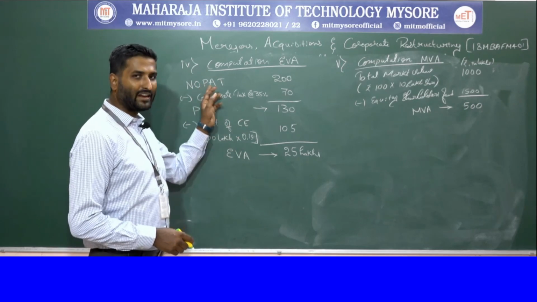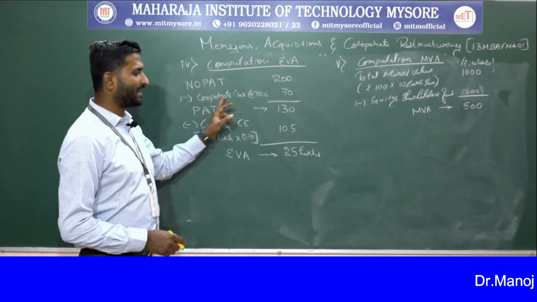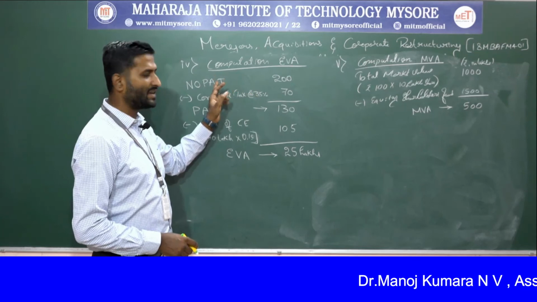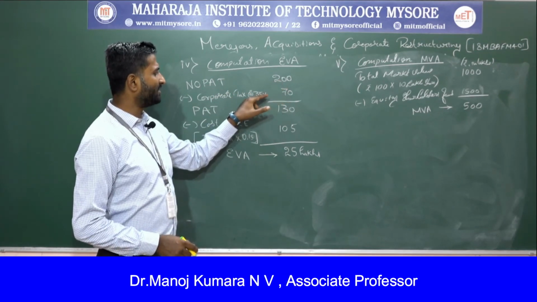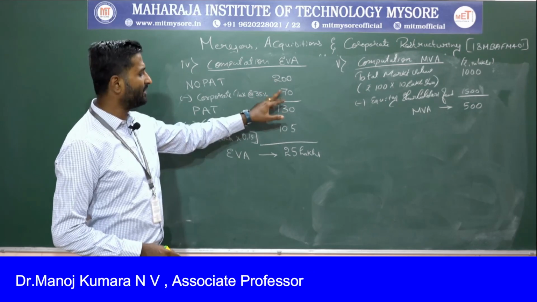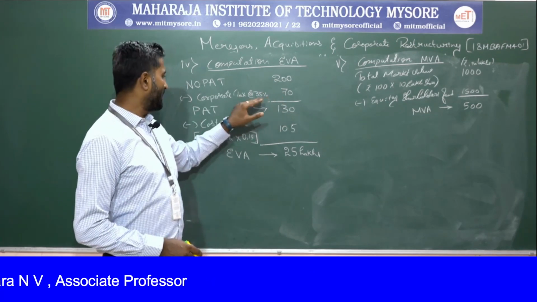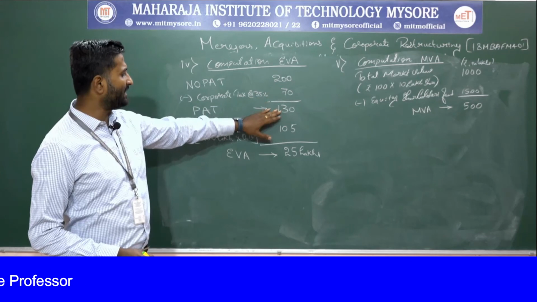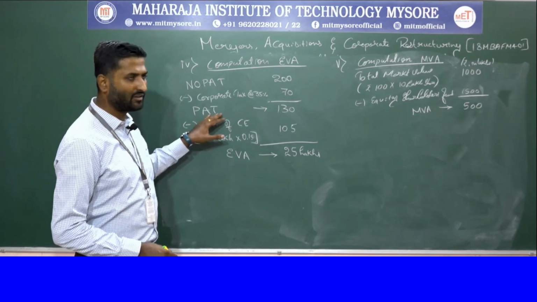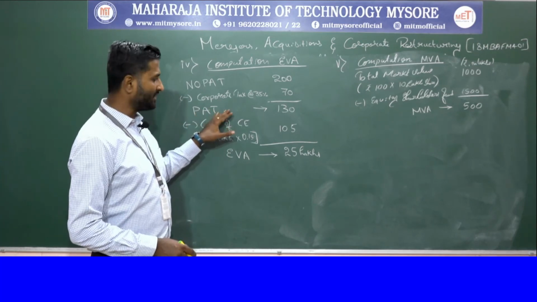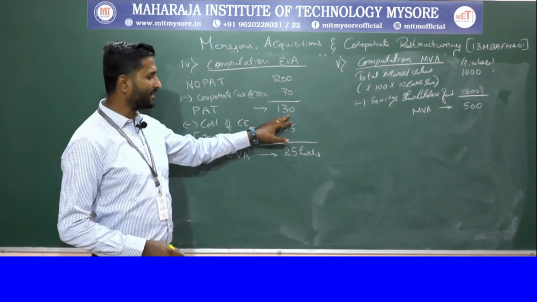So directly we charge the tax on the profit which we arrived at. After we calculated 35% on 200, we are resulted with 70, and from 200 if you deduct 70, you are resulted with the profit after tax, 130.